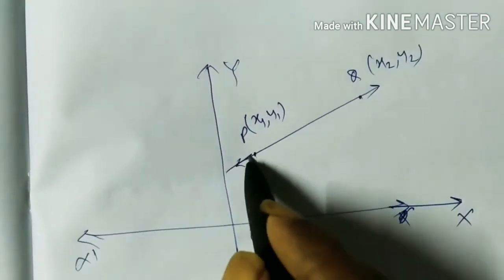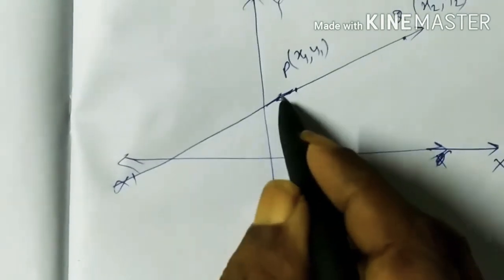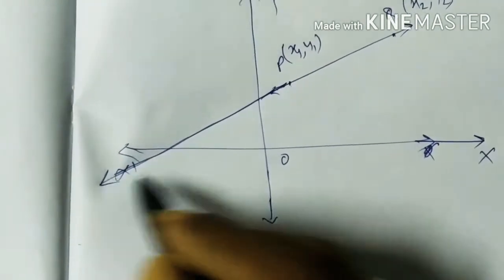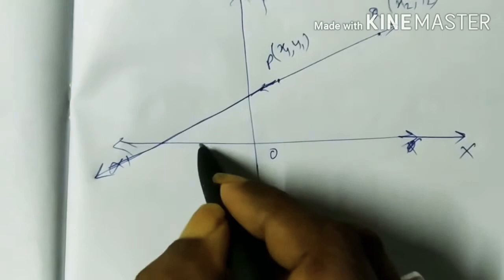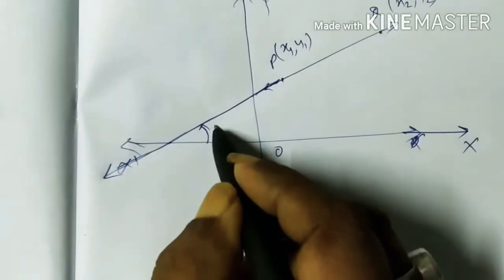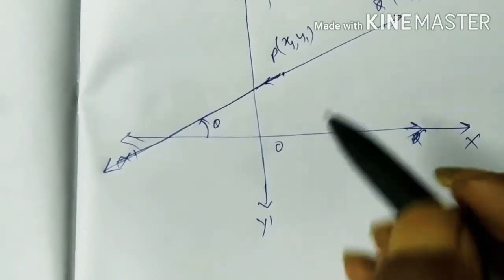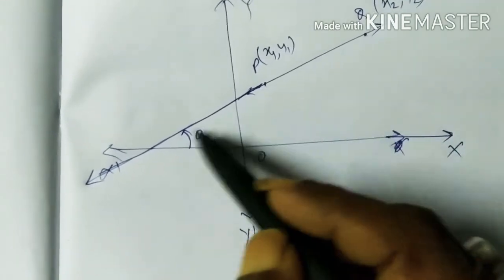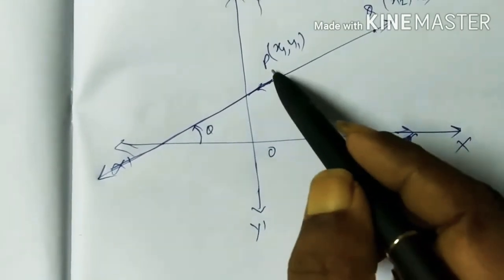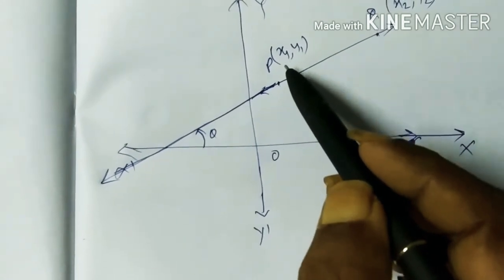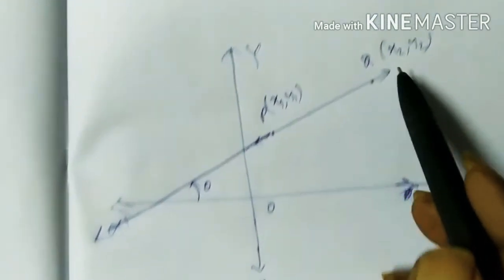Let me produce this line which cuts the x-axis, and it makes an angle theta with respect to x-axis.